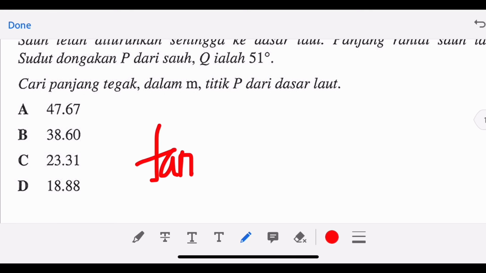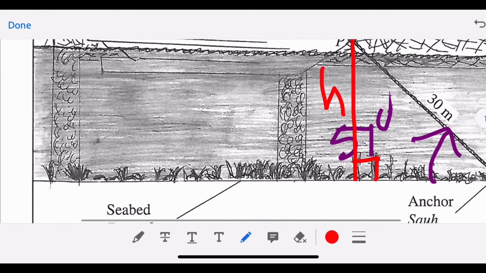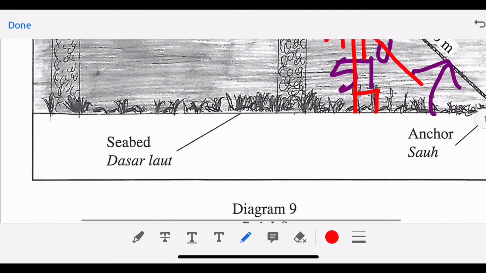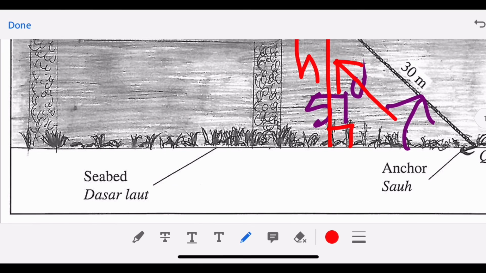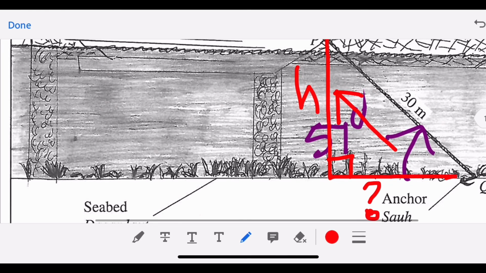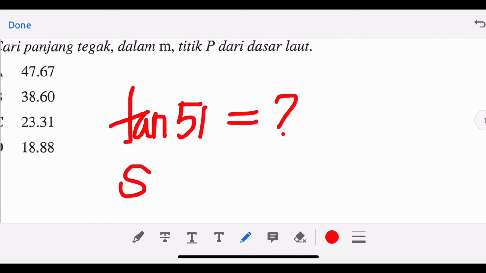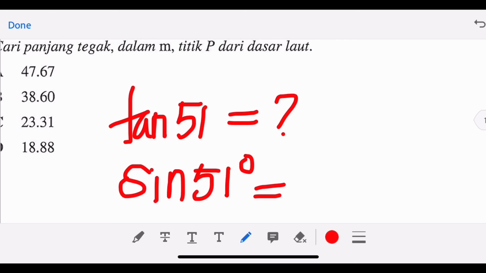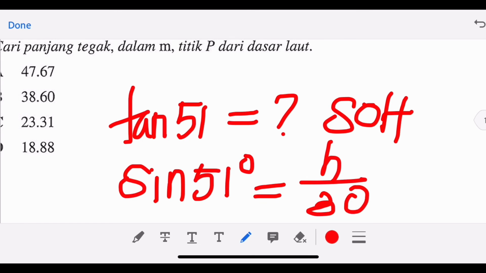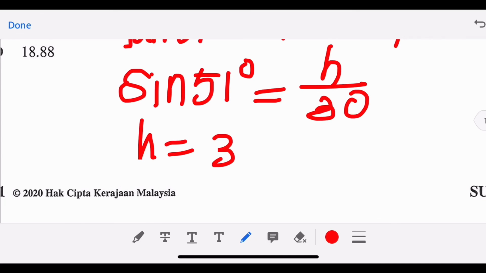If you try to use the tangent, you can't get the answer because you don't have the side, right? So you have to draw the triangle with the arrow. The opposite is h, and the baseline we don't have. But we have the hypotenuse, so we will use sine because we cannot get the information from the base.